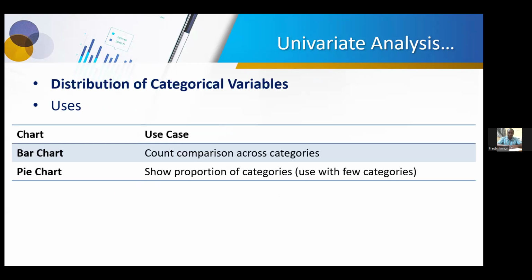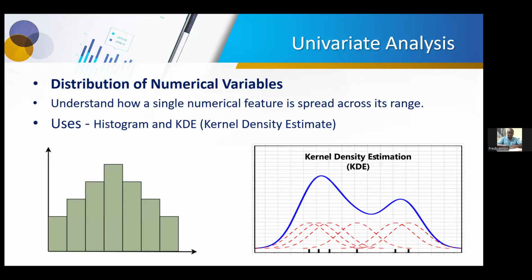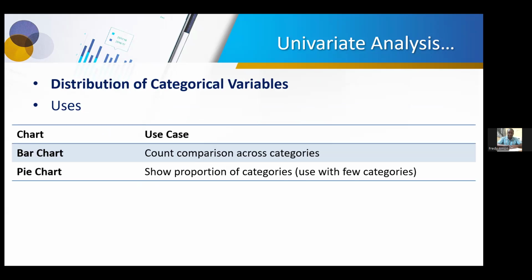Still in univariate analysis, we have the distribution of categorical values. I think I just explained this. The distribution is not that different from the distribution of numerical values. You can use the bar chart to compare counts among categories. For numerical values, like salary, where you need to see the maximum and minimum, you can put it in a bar chart or line chart. For categorical values, you can use a pie chart, if you need to show how much each value shares.